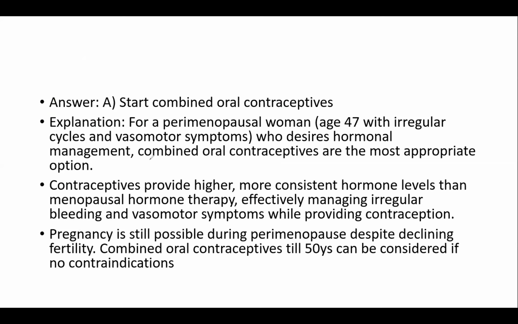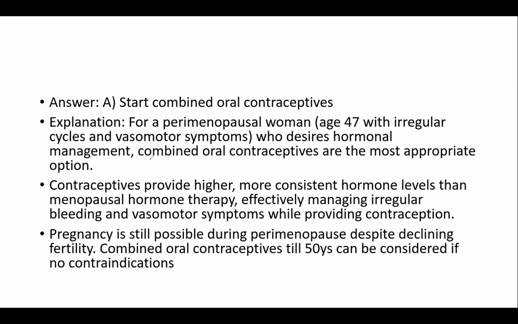Why? For a perimenopausal woman who is 47 with irregular cycles and vasomotor symptoms who desires hormonal management, combined OC pills are the most appropriate one. Contraceptives provide higher and more consistent hormone levels than MHT, and effectively manage the irregular cycles and also cover the vasomotor symptoms with contraception.